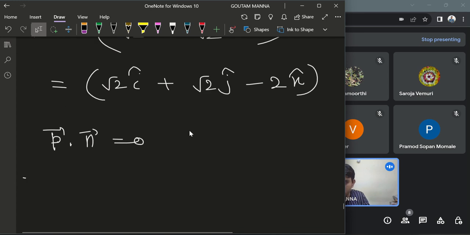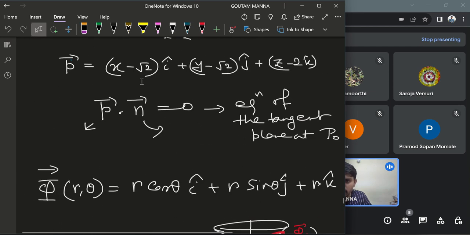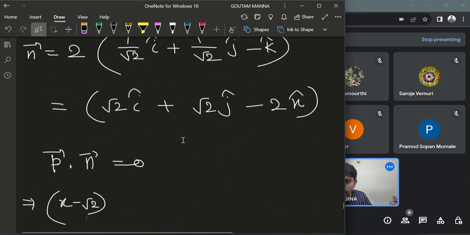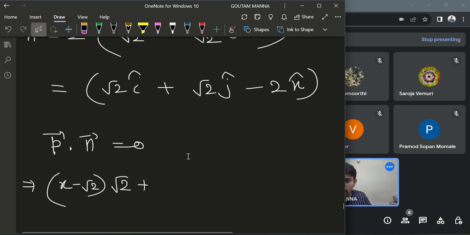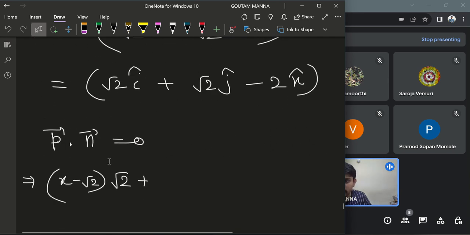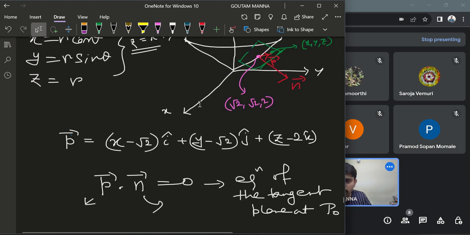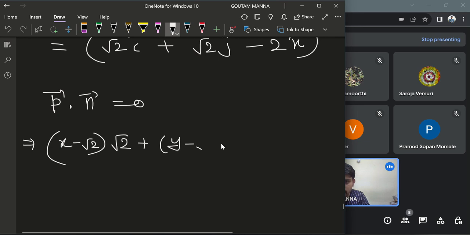Now the x component of p is x minus root 2, and the x component of n is root 2. The y component of p is y minus root 2, and the y component of n is root 2.